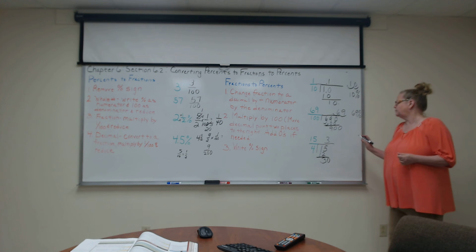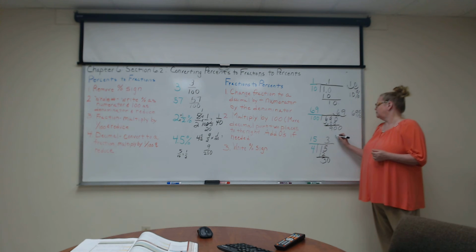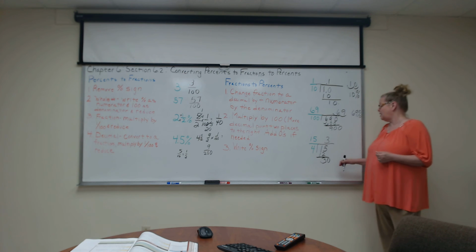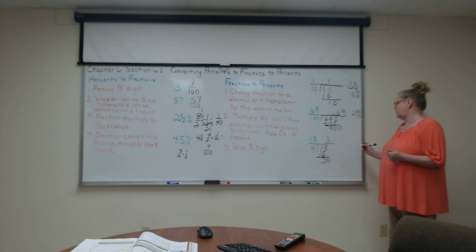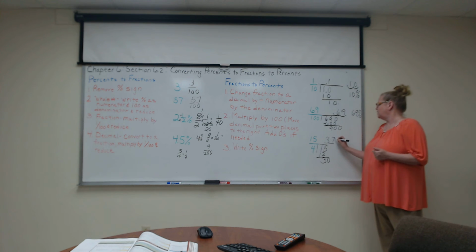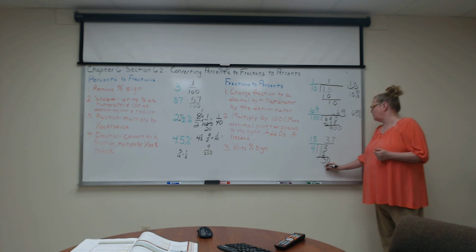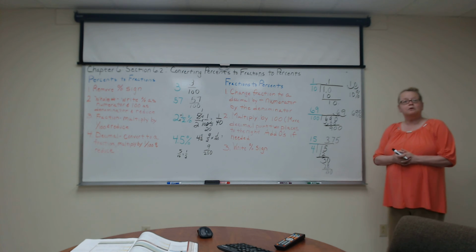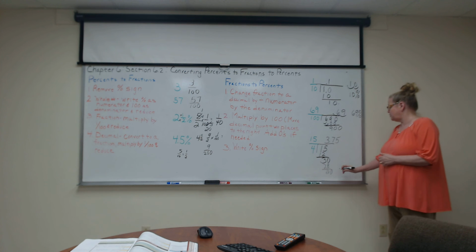Then we divide 4 into 30, and we end up with 7. 7 times 4 is 28. We bring another 0 down, and we get 3.75 as our answer.